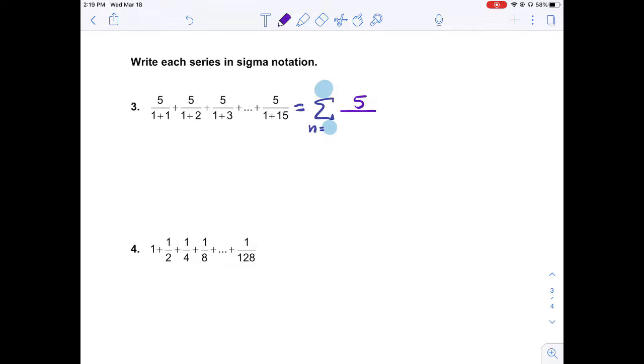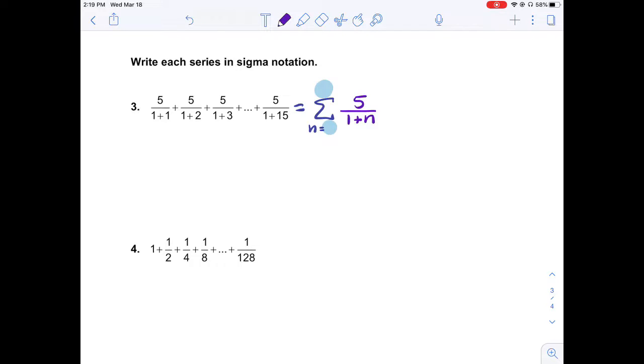That means every term will have a 5 on top. The bottom, I also notice that the first part of the denominator has a 1. So it's 1 plus something. Now the number that's changing each time is that second number. We go 1, 2, 3, and so on and so forth. So that is the point where the number that's changing, that's where the n comes into play. 5 over 1 plus n.